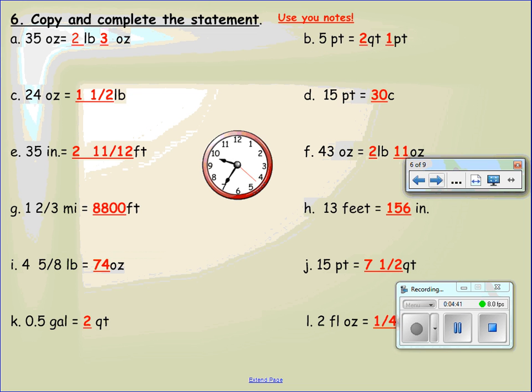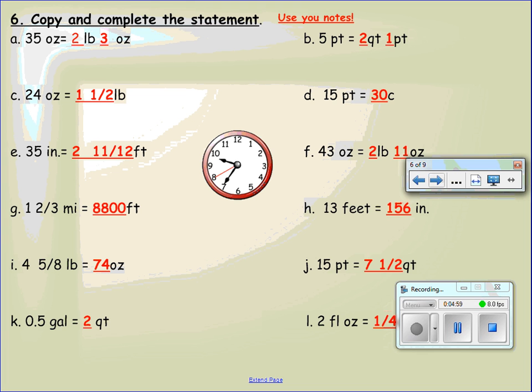In our examples on number 6, we have several examples of the conversion. I've already had the answers up here for you, but we're going to determine how to get the answers that are given. In your notes, you have A written down.